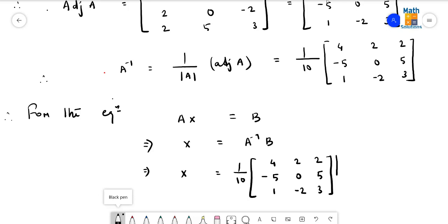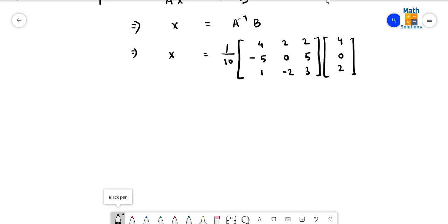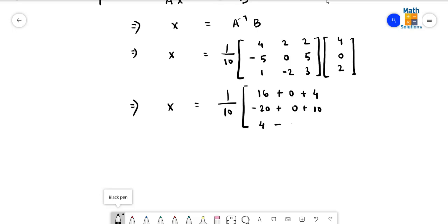Then value of B can be written as 4 0 2. After this, we have to perform multiplication of these two matrices. Order will of course be 3 by 1. So I shall be getting here 1 by 10, then after multiplication it will be 16 plus 0 plus 4, then minus 20 plus 0 plus 10, then 4 plus 0 plus 6.